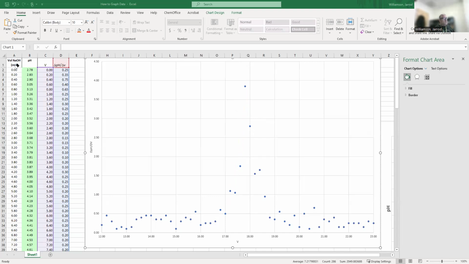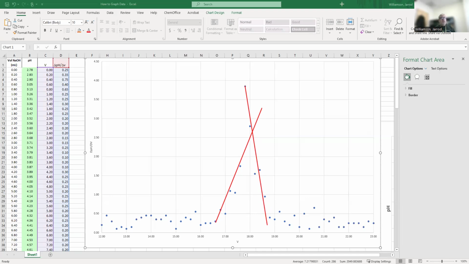Okay, maybe something more like this. This seems to slope up like about there, and this seems to slope up about like there. All right, a little bit of a judgment call.